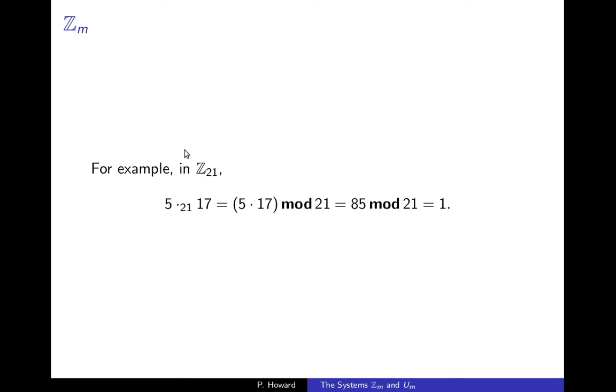We're looking at Z21, and if you multiply 5 times 17 using times sub 21, according to the definition, that's 5 times 17 mod 21. 5 times 17 is 85. And 85 mod 21, the remainder when you divide 85 by 21, is 1. So 5 has a multiplicative inverse in Z21, namely 17. And 17 has a multiplicative inverse in Z21, namely 5.